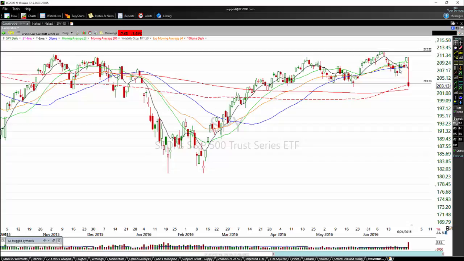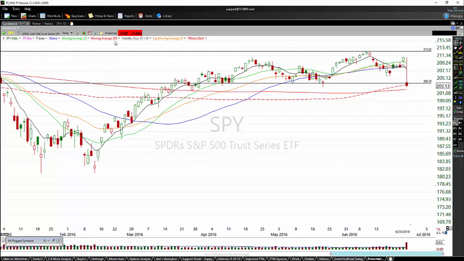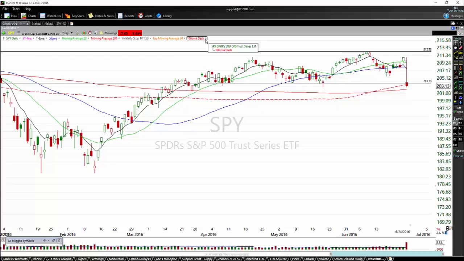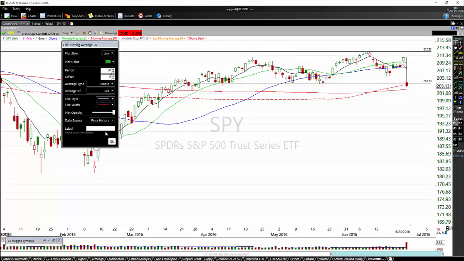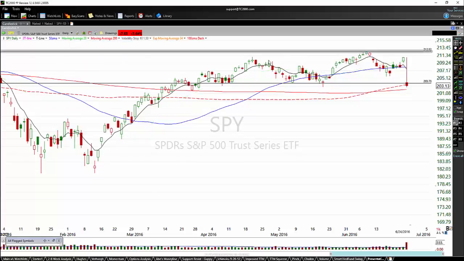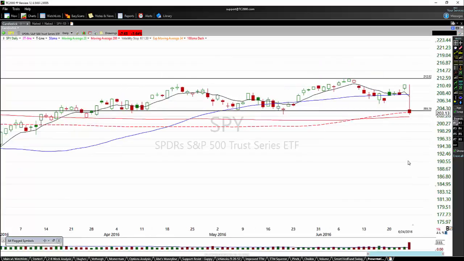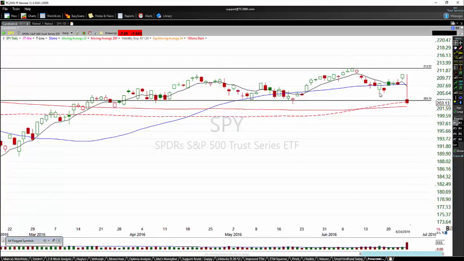If we look at the relationship to the blue 50 simple moving average, we can see that we're now below the 50 simple moving average. And if I hide some of these other indicators, we can see that the 50 simple moving average is moving sideways.